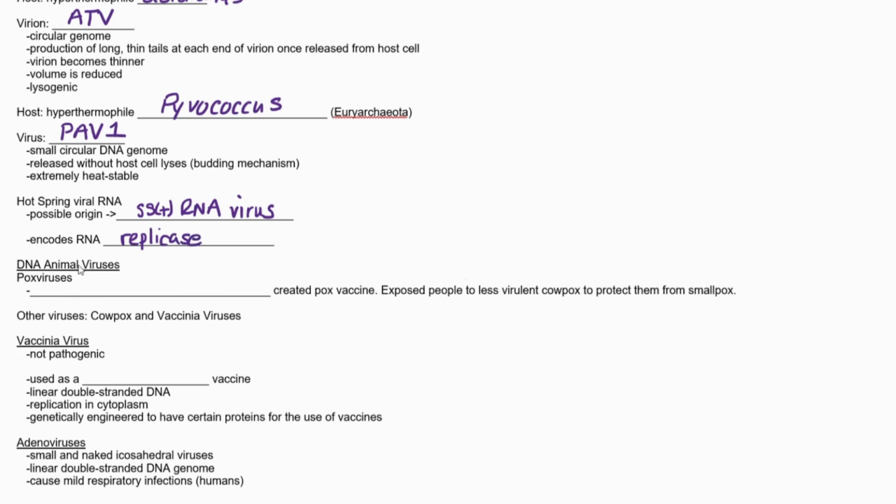Now, DNA animal viruses, pox viruses. We have Edward Jenner. He created the pox vaccine. He exposed people to less virulent cowpox to protect them from smallpox. So that was Edward Jenner. Other viruses under the DNA animal viruses are cowpox and Vaccinia viruses.